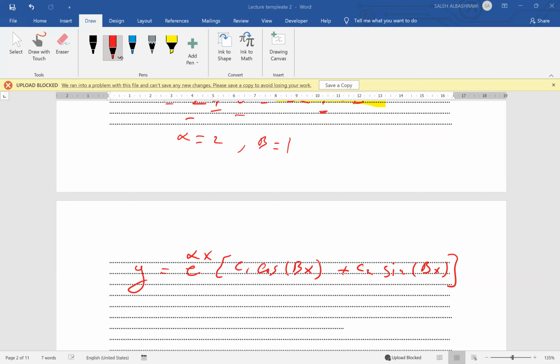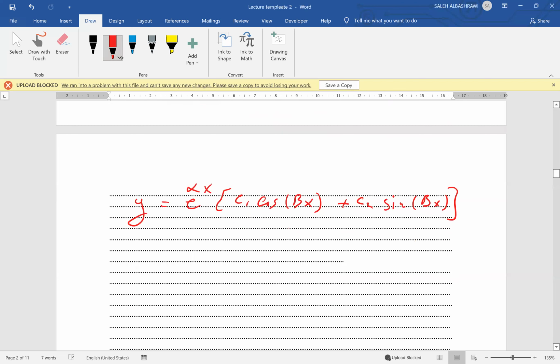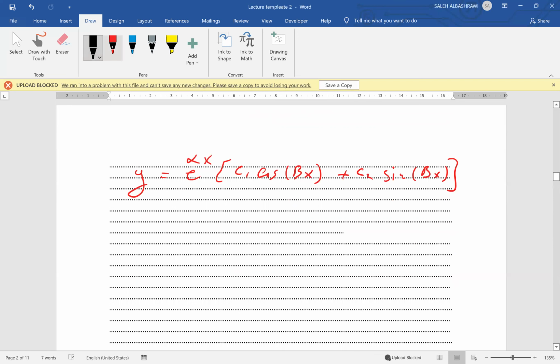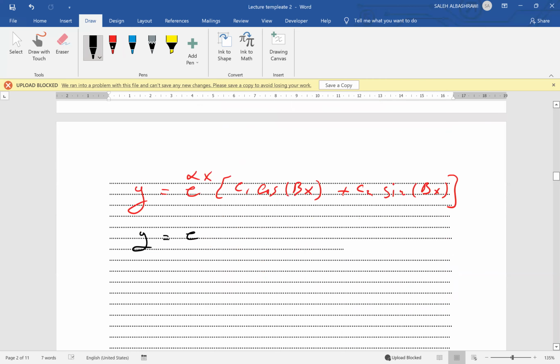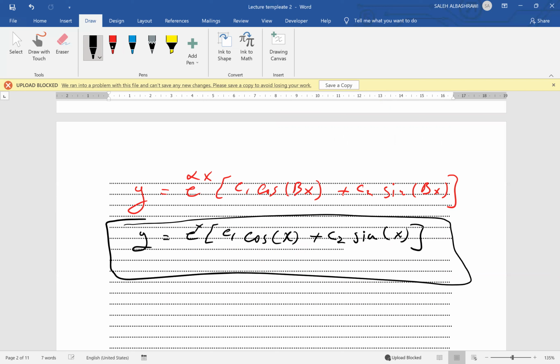So the solution can be written with alpha equal to 2 and beta equal to 1: y equal to e to power 2x multiplied by c1 cosine x plus c2 sine x. This is the general solution if we have complex roots for the auxiliary equation.